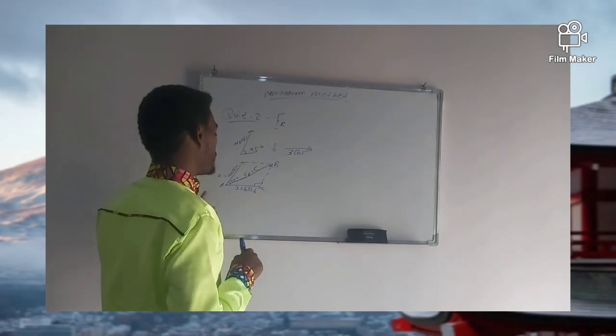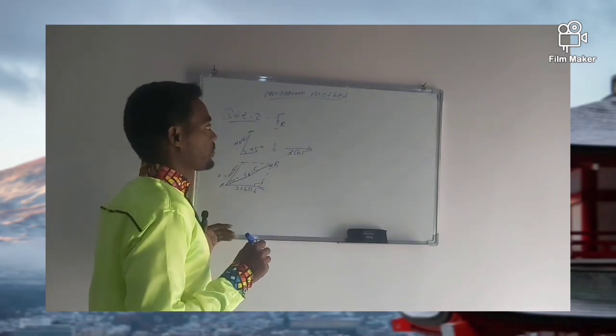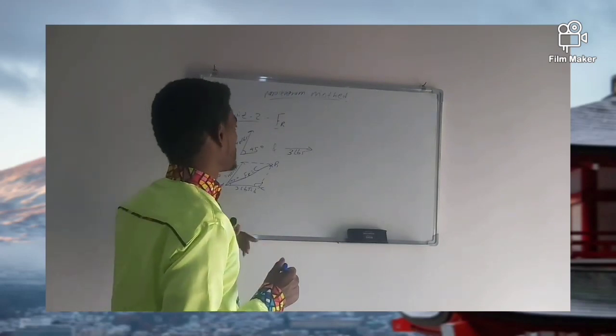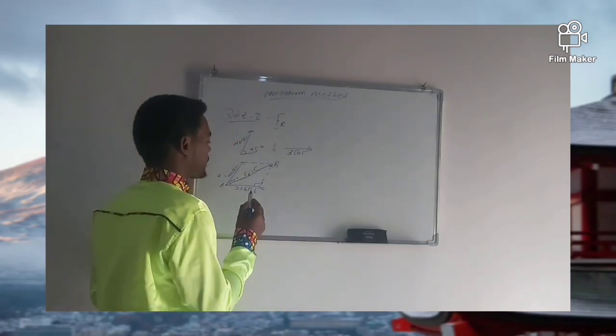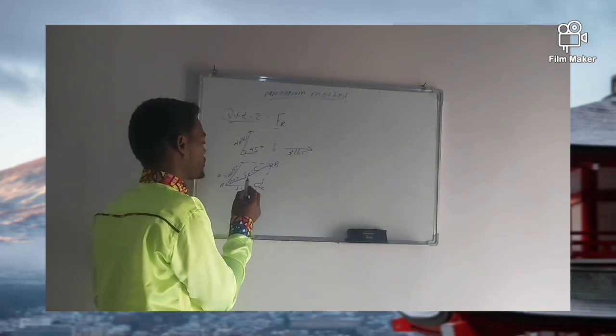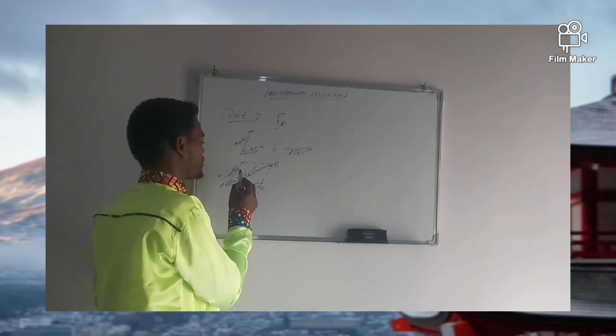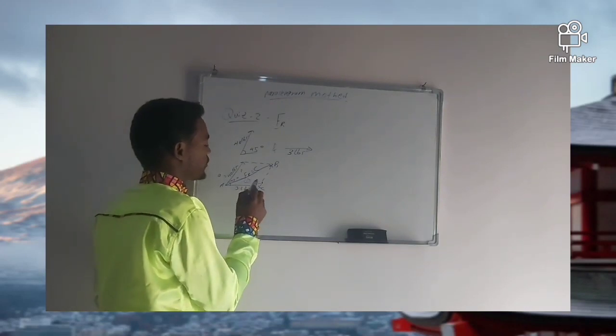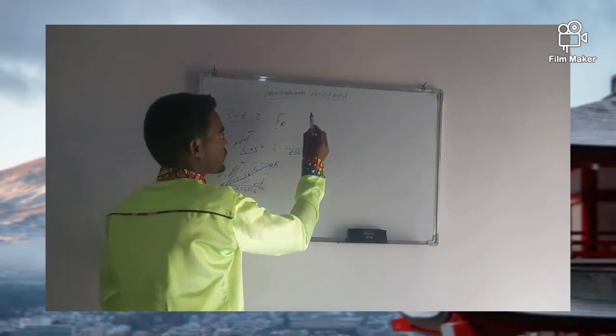But here, we will use another method in the parallelogram to find the resultant. Okay, here we have two triangles. Let us say this is the first triangle, this is the second triangle. But let us use the first triangle to find the resultant force.